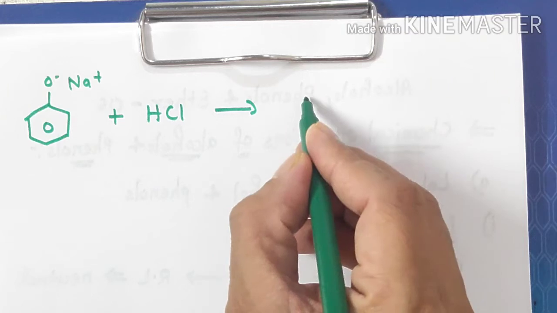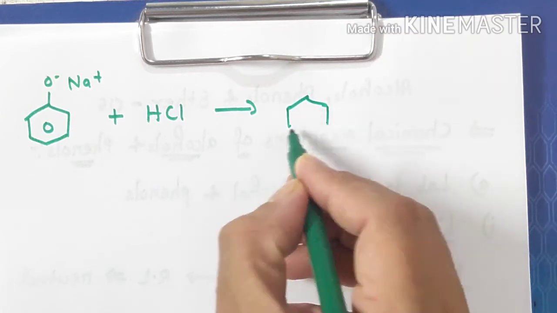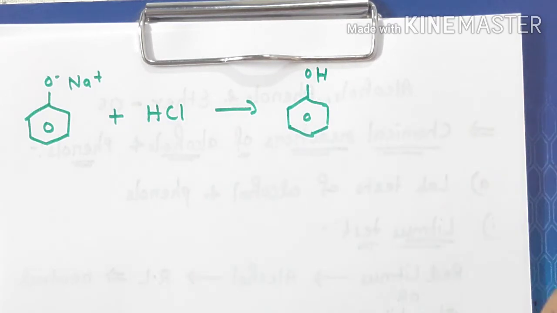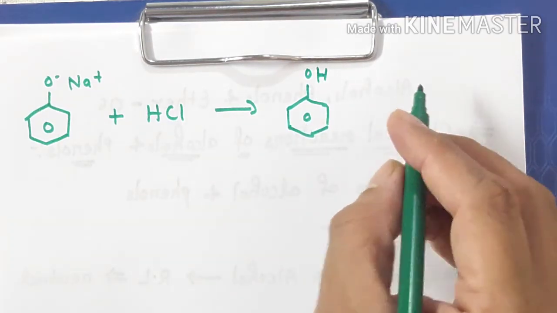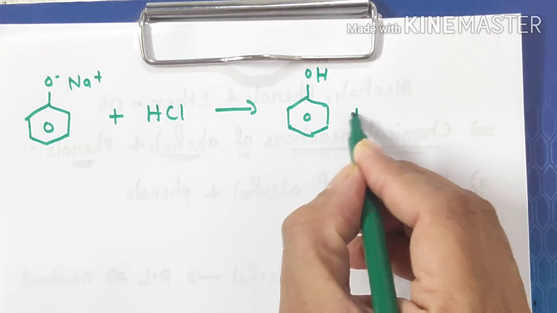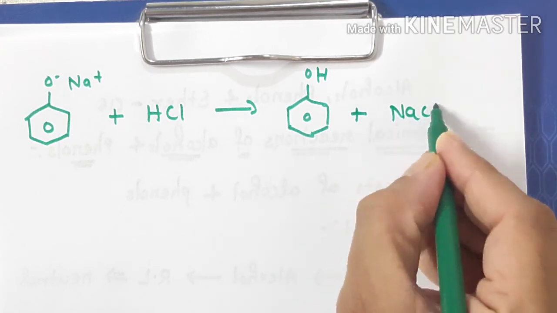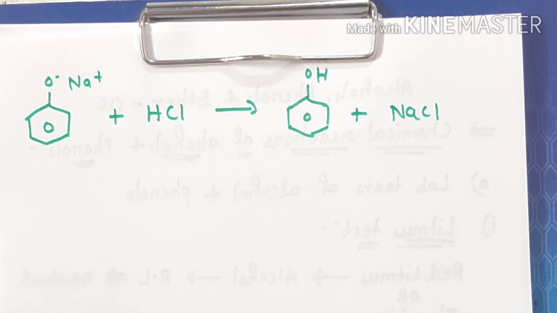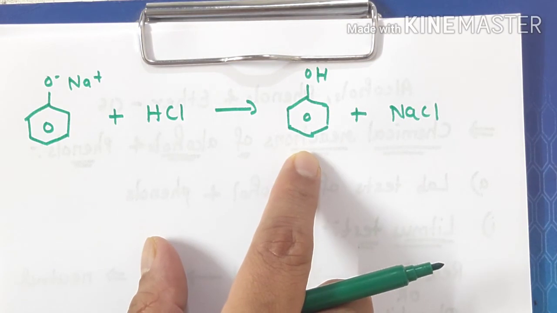So it becomes phenol again, and it will form NaCl. Got that? The sodium phenoxide which was formed is water soluble, and here the phenol will be regenerated.